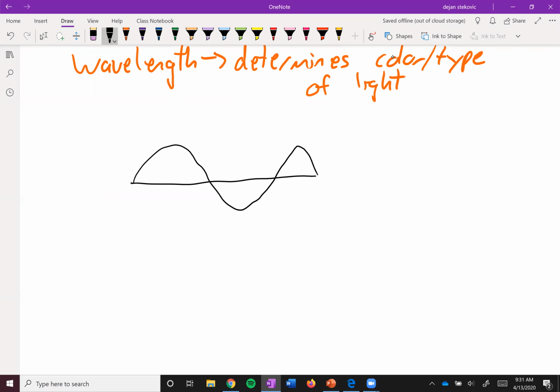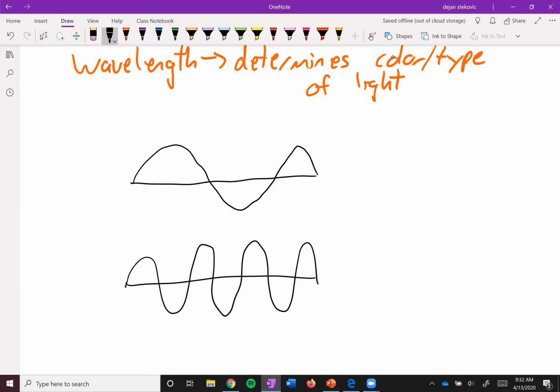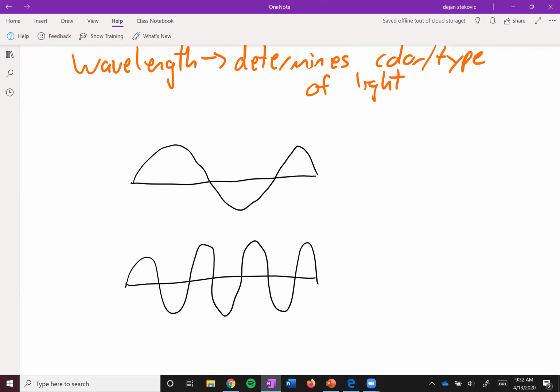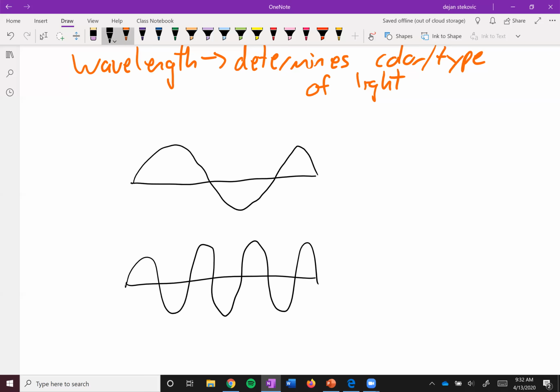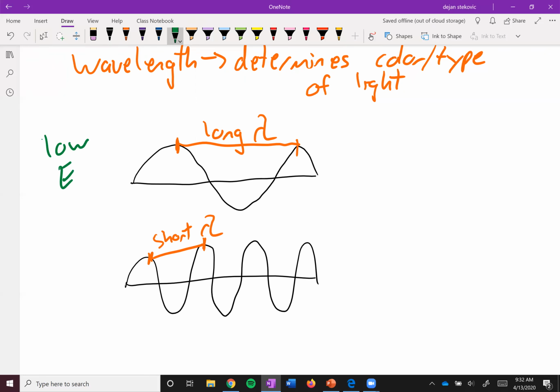So something like that, not the best drawn picture, versus something like this, right? The height of the wave is approximately the same, not a perfect artist, it's a little bit different, but it's approximately the same. What's different here is the wavelength. So this one's got a long wavelength, and this one's got a short wavelength. And so we say that long wavelength is low energy and short wavelength is high energy.